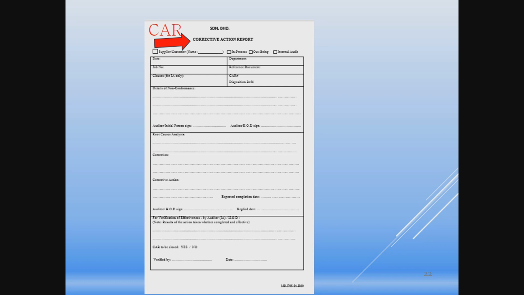Then you come up with a root cause analysis. Try to use 5 Why, or at least 3 Why. Ask what the problem is, and keep asking until you get the result. You can also do 4M1E.